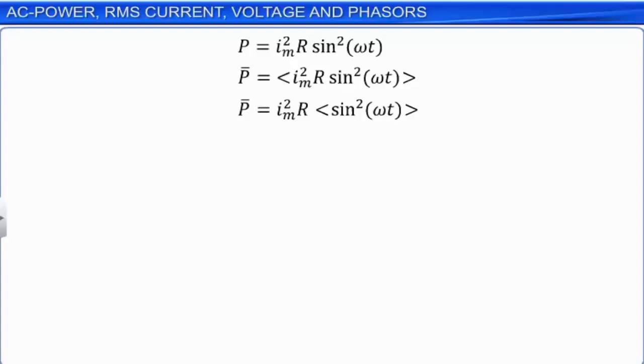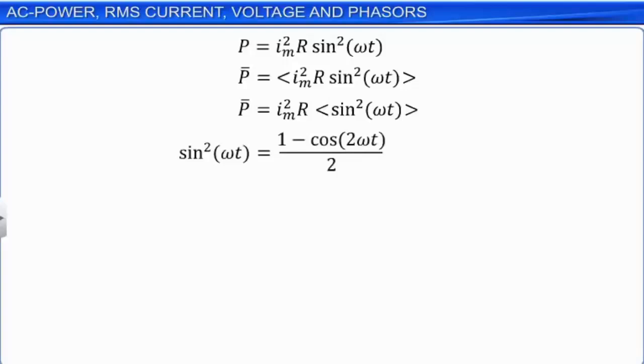Now, we have to calculate the average value of sine squared omega t in order to compute the average value of the expression. For this purpose, we will use the trigonometric identity. Sine square omega t is equal to half of 1 minus cos 2 omega t.